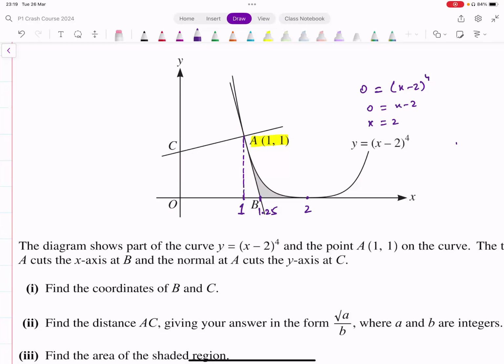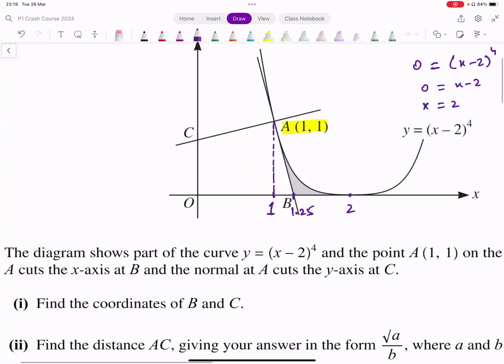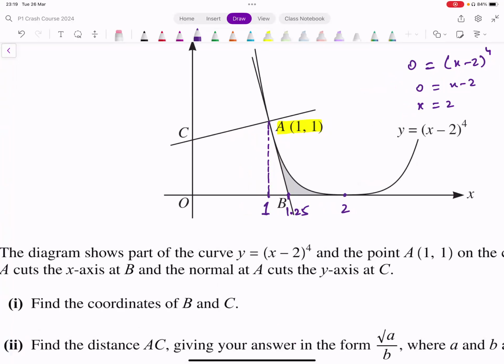Now, how would you describe this shaded area? How would you find this area? Now that we know these points, just tell me in words, first of all, what are we going to calculate? Is it just the area between the graph and x-axis? Do we need to subtract something from that, add something to that?